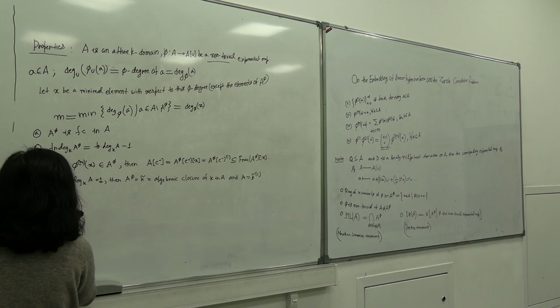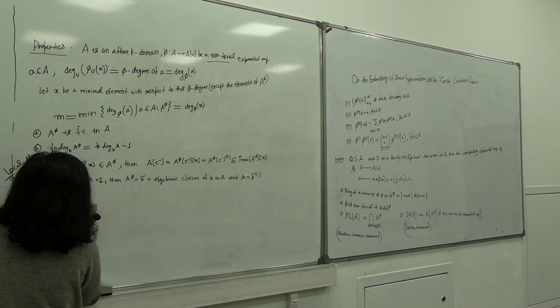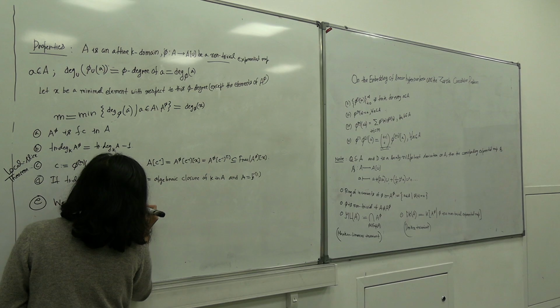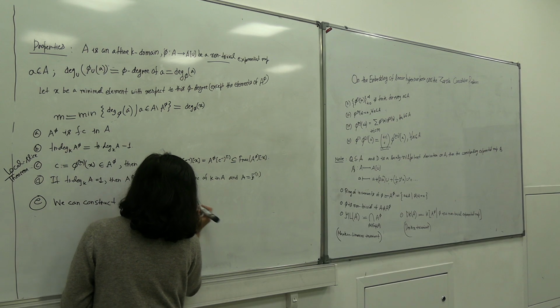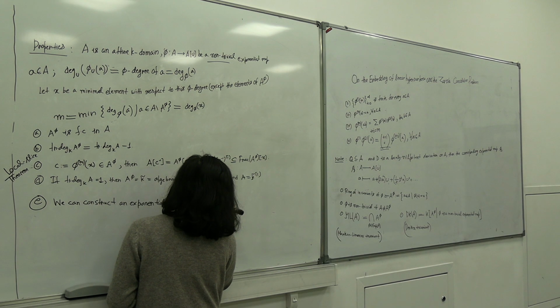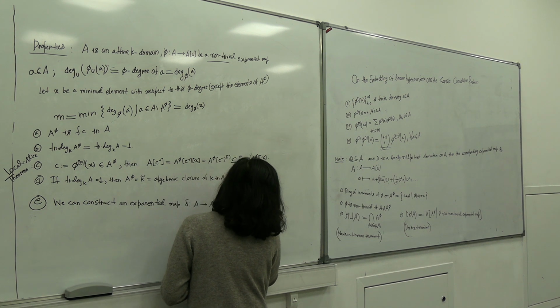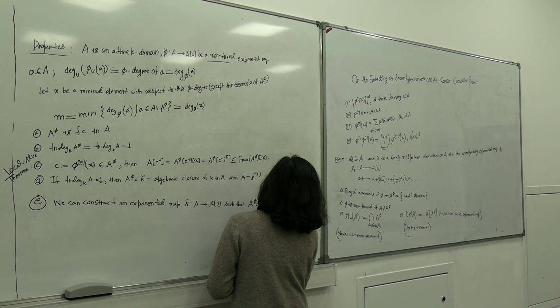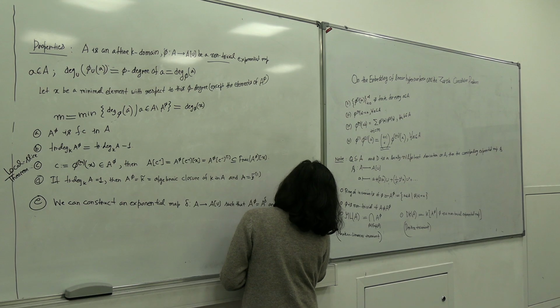So given this exponential map, we can construct an exponential map phi tilde from A to A of U such that the ring of invariants does not change, and with respect to x, this definition is just x goes to x plus c to the power some integer n times u.